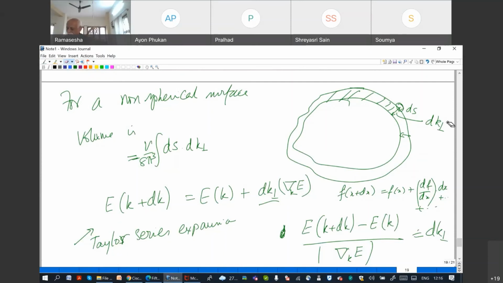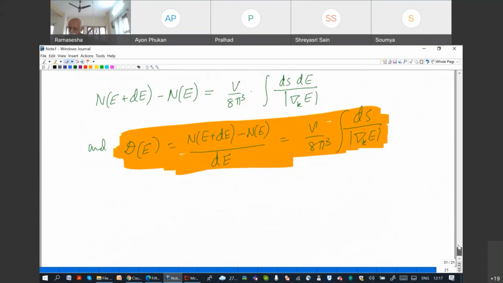So if I know the energy band description of the solid, then I know dk perpendicular, which is dE by grad kE, and so I can obtain the expression for density of states. Any questions?